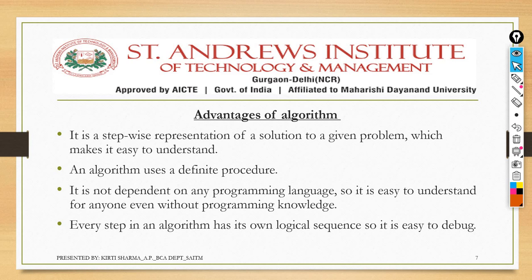An algorithm is independent of any programming language. That is the reason, as a beginner, we have to understand the approach of the algorithm. If we are able to find the logical approach to solve any problem, then it will become easy to put this logical approach into the programming language structure.